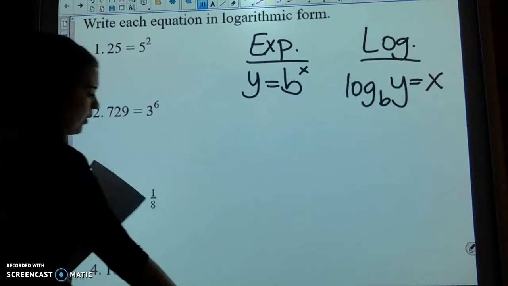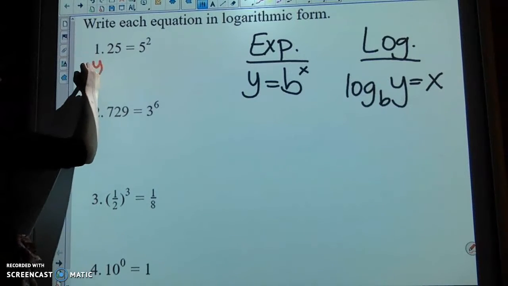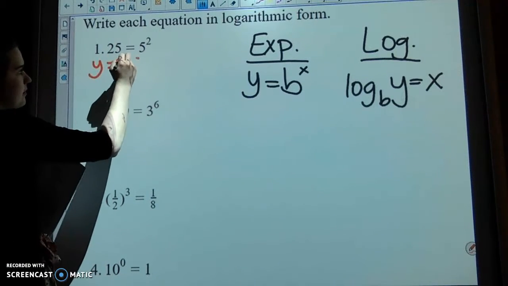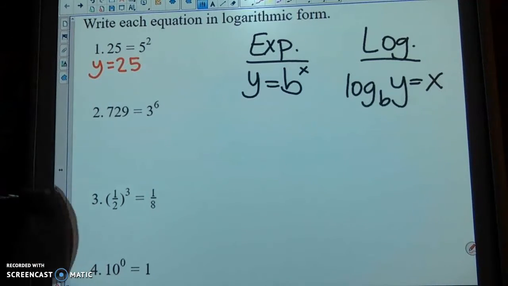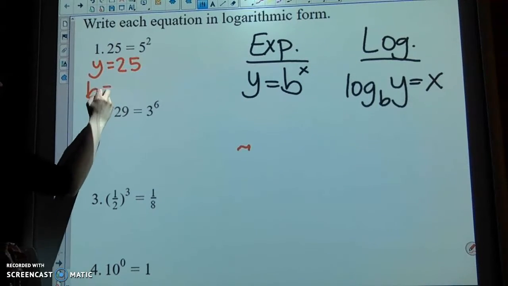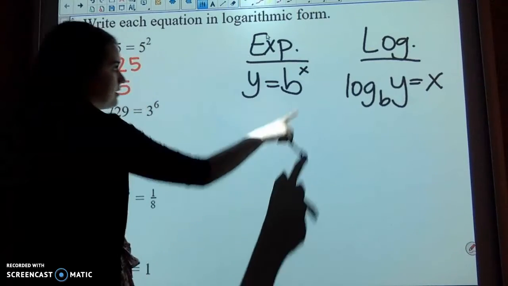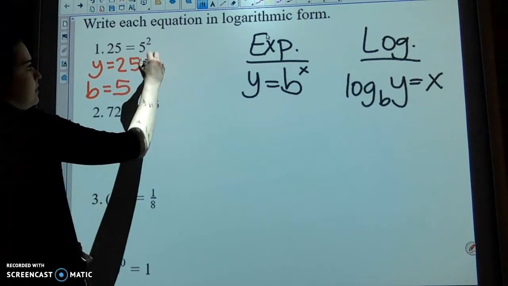So let's start with number 1. Here we see our y is equal to 25. Our b is equal to 5. And our x is equal to 2.